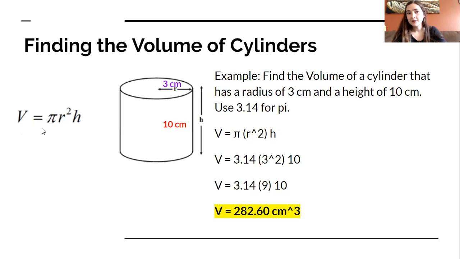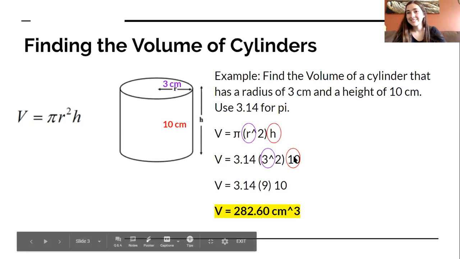Our formula is V equals pi times r squared times h. So our volume is 3.14 times our radius squared times the height. Our radius was 3 and our height was 10.